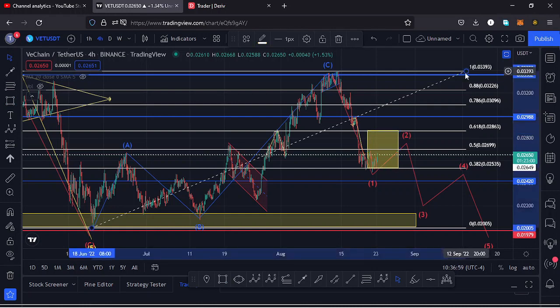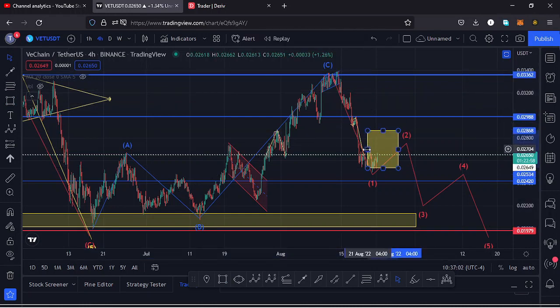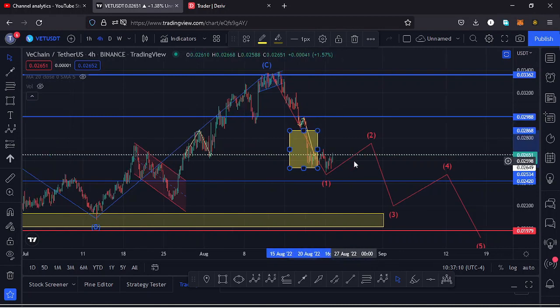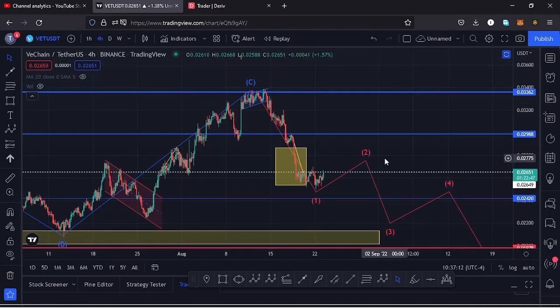And you can see that Vechain has respected that. We have continued seeing lower prices and maximized that target area as the minimum retracement area in that first wave to the lower side. And whatever we might be seeing here might be the formation of a wave 2.